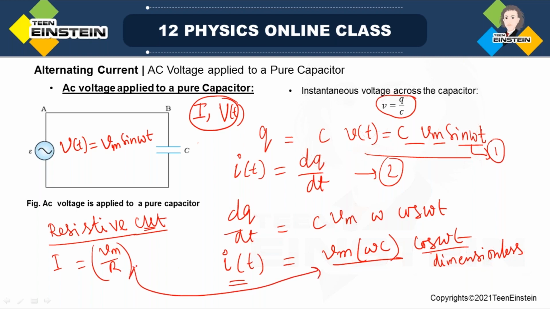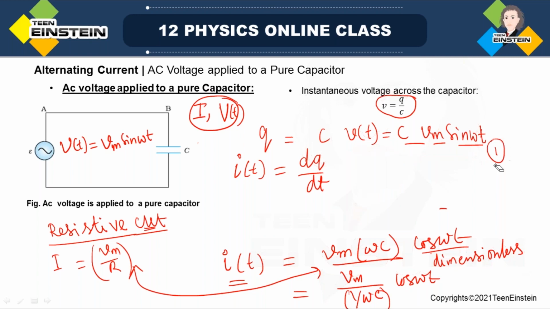If we compare these two, one the pure capacitive circuit and the other the pure resistive circuit, I can write something like this: Vm divided by 1 by omega C, into cos of omega t.